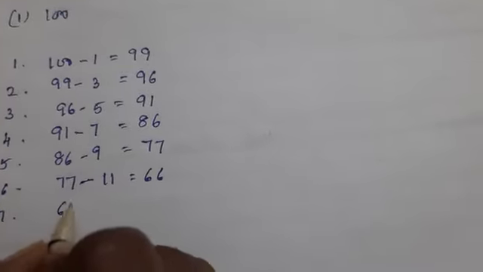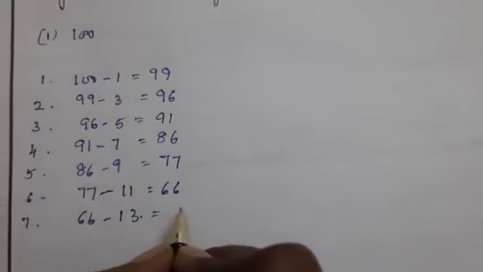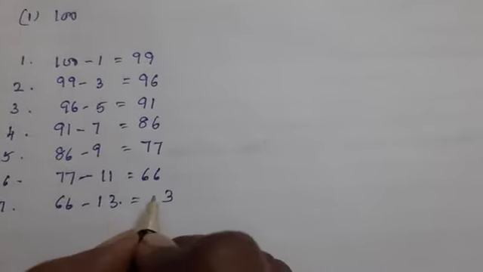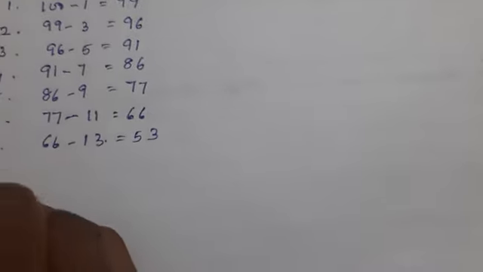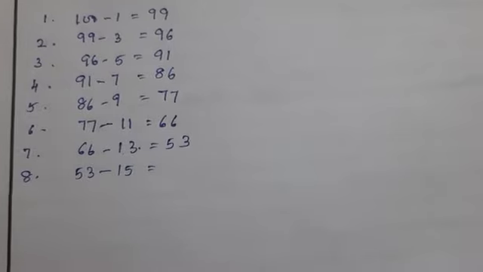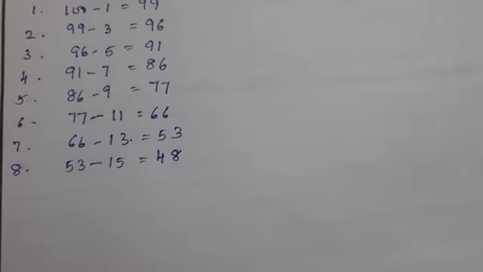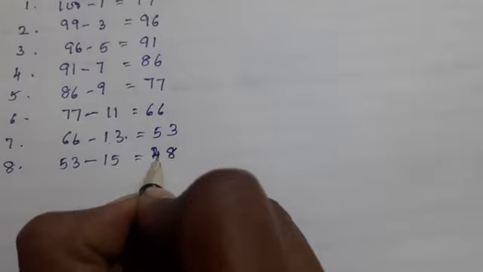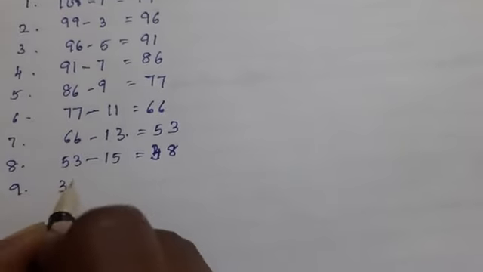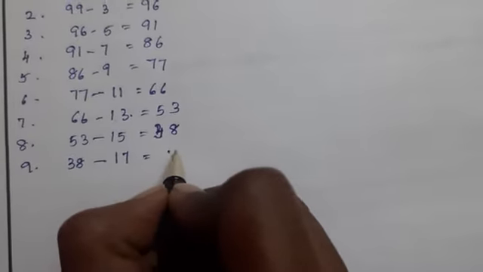Seventh, 66 minus 13, 53. Eighth, 53 minus 15, 38. Ninth, 38 minus 17, how much? 8 minus 7 is 1.